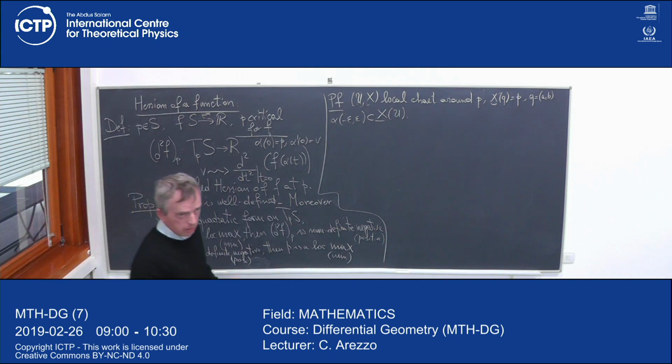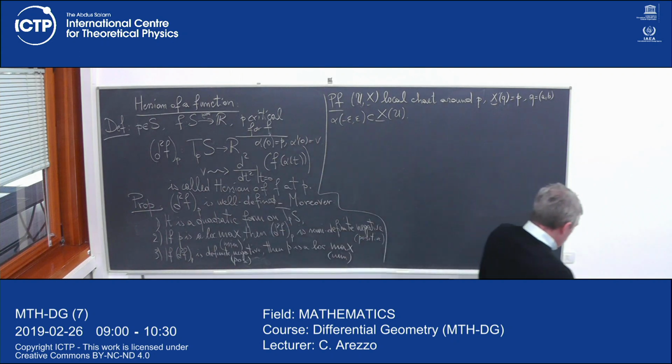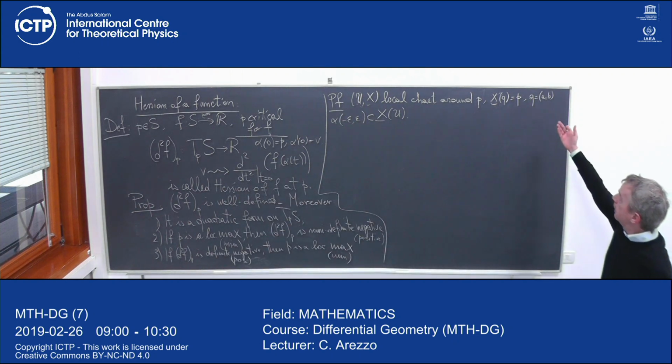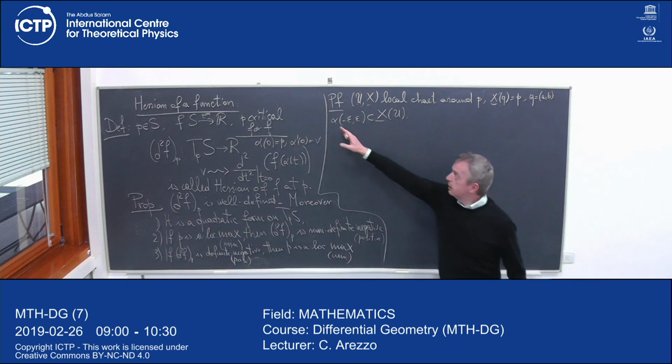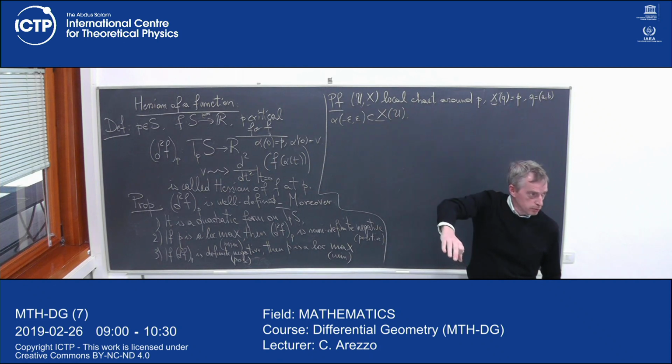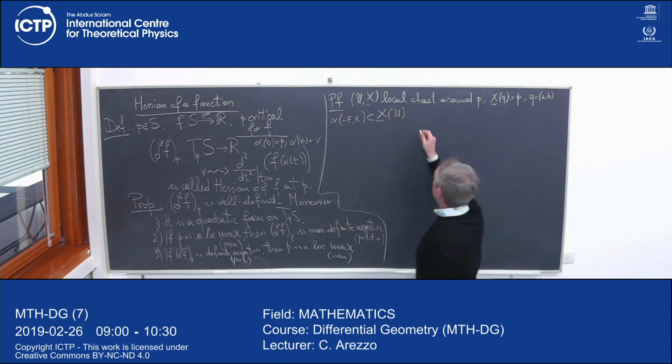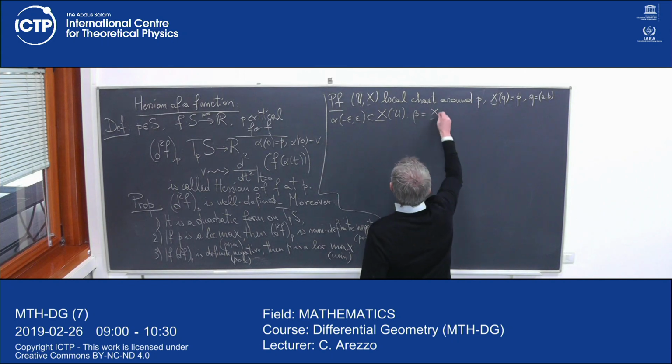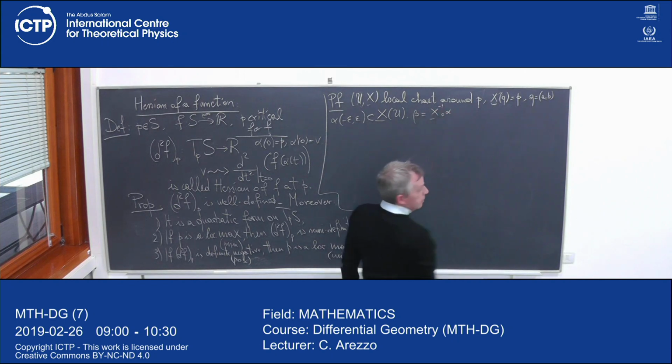It's an open set, so it has to be there. And then, as usual, now that alpha is a curve contained in this little piece of the surface, I can pull it back to the domain U by X inverse. And I take this curve beta to be X inverse composed alpha.